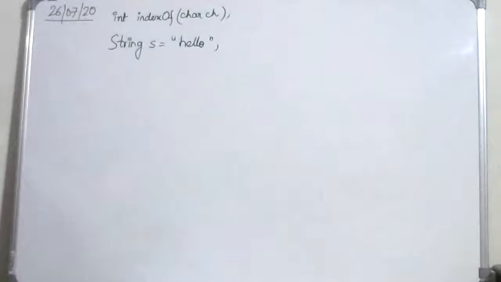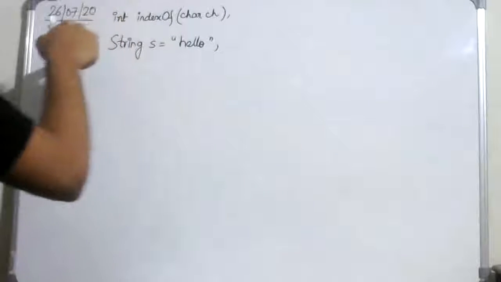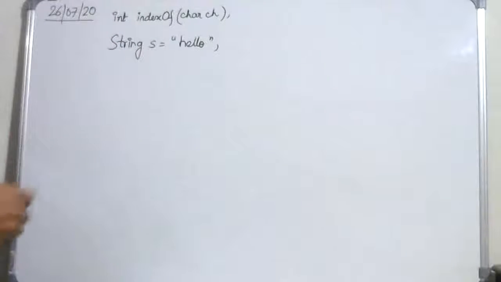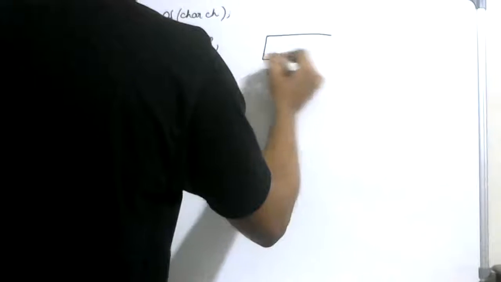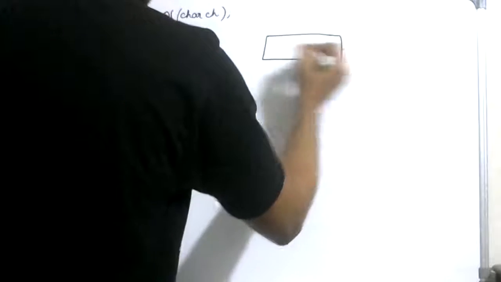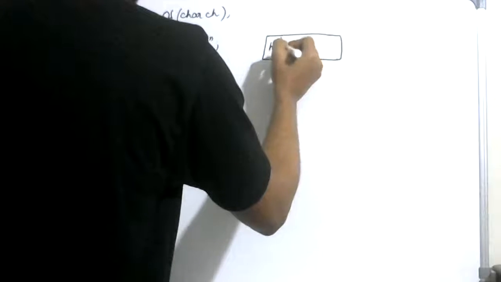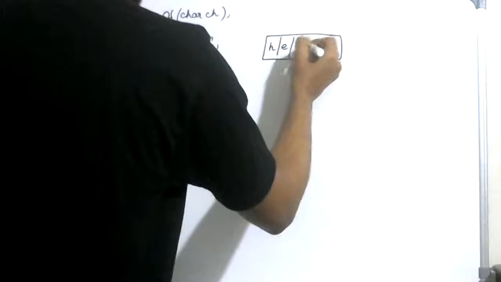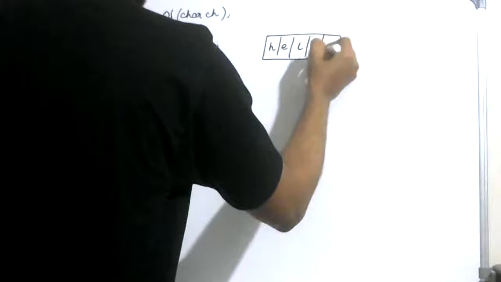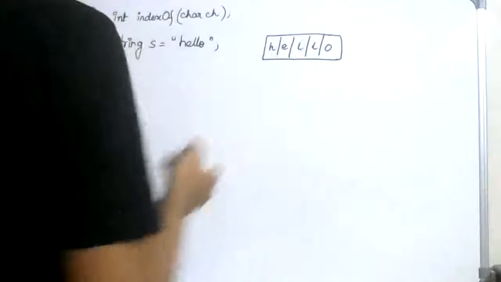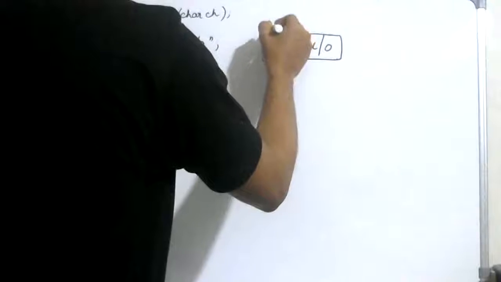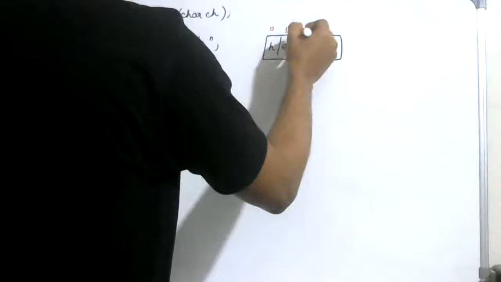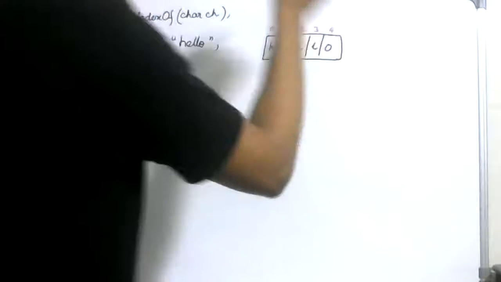I'm taking a small string as an example. Again, we have to consider the array representation of the string. So H E L L O. That's our array representation. Let's also do the indexing as well. So it starts from 0, 1, 2, 3, 4.